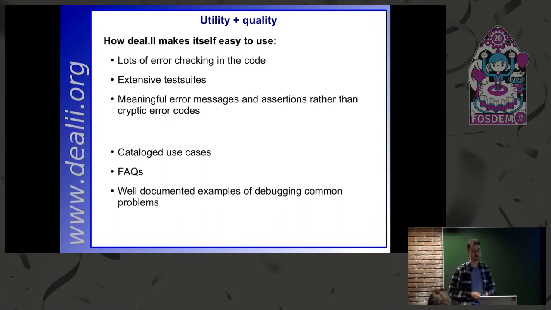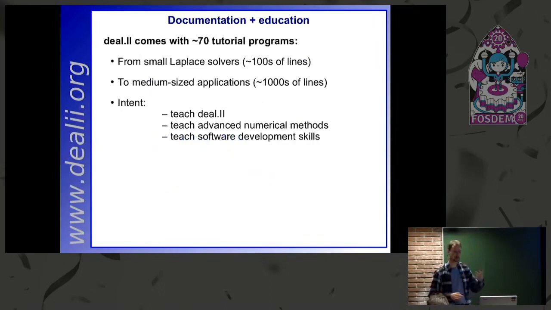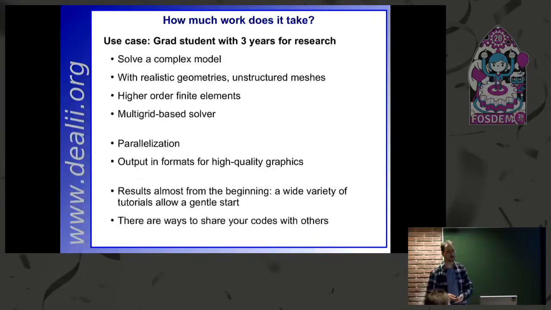So there's a lot of these use cases. There's a lot of documentation at many different levels, including these tutorials, these video demonstrations. There's about 70 of these tutorial programs. There's some rather large applications that are also open source that you can go to and look at, well, how did they do this? So that's sort of the tools that are available.